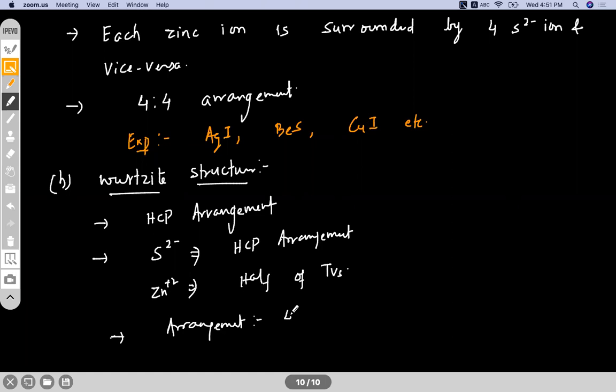Here also the arrangement is 4:4. Coordination number is same. So AB type ionic molecule has these three types of structure possible: NaCl type, CsCl type, and this zinc blende wurtzite type structure.